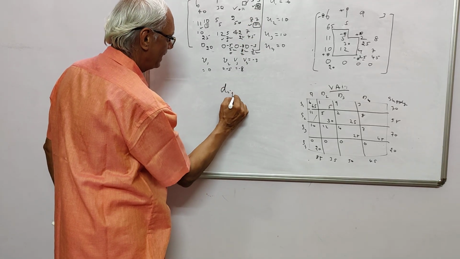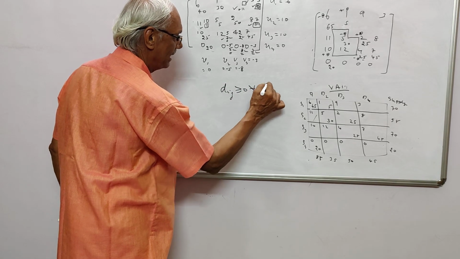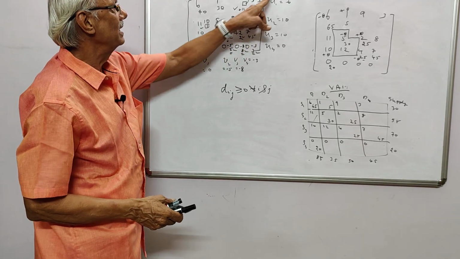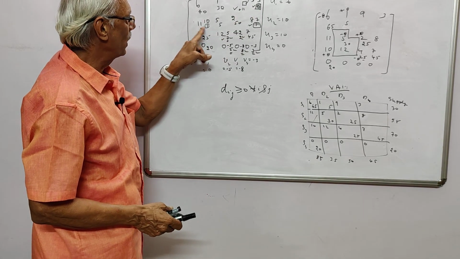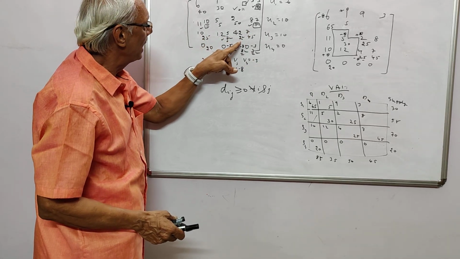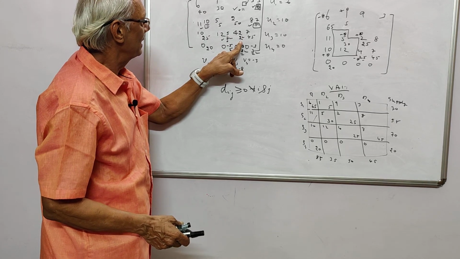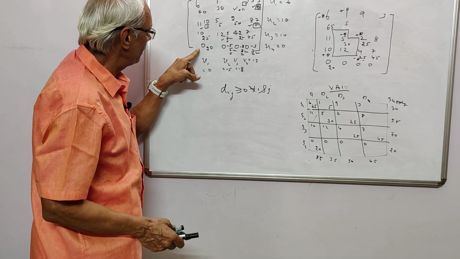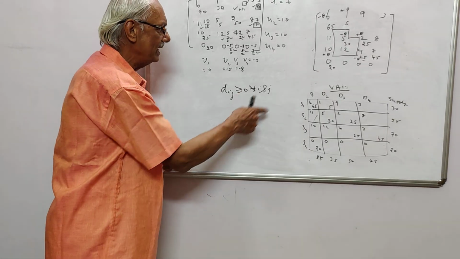So Dij's are greater than or equal to 0 for all i and j, in the sense that D13 is positive, D14 is 0, D21 is positive, D24 is positive, D3 is positive. Okay, then you see that D41 is positive. Can you understand? So what are the solutions? So here all Dij's are.